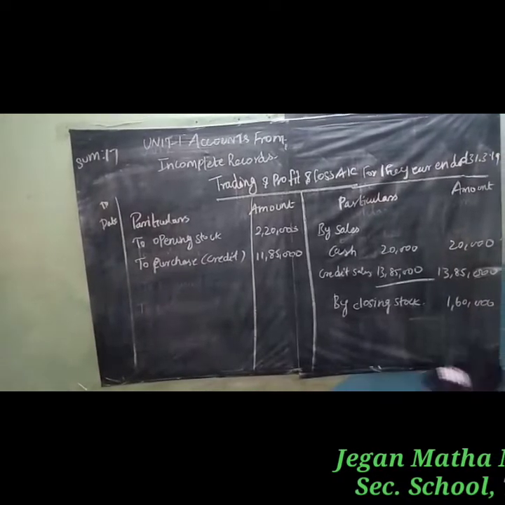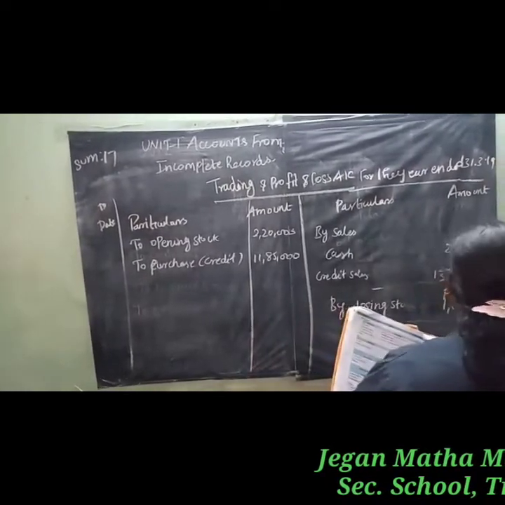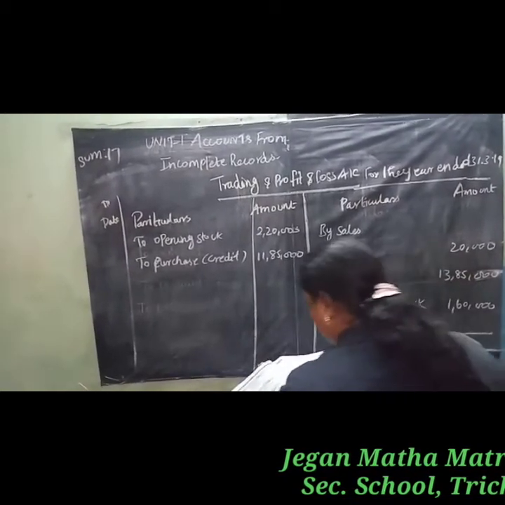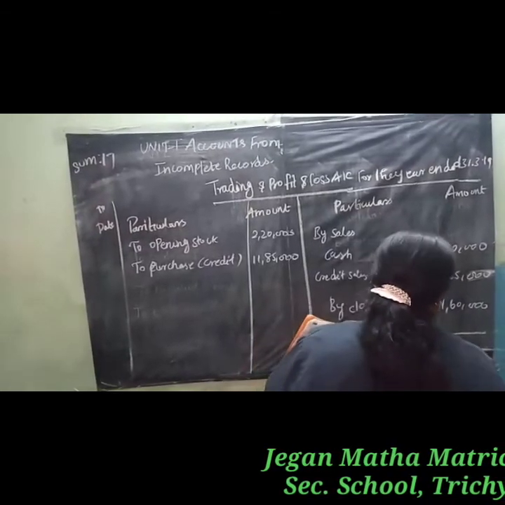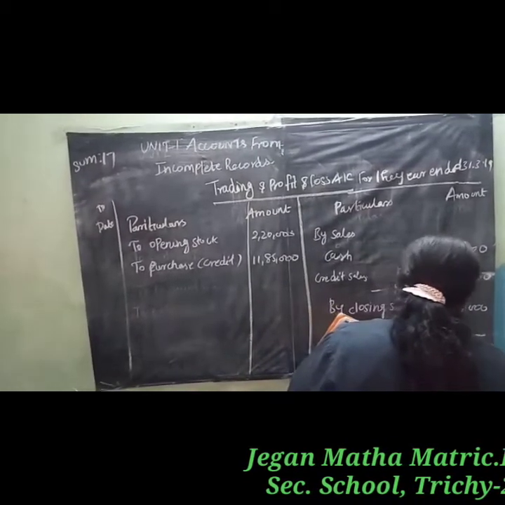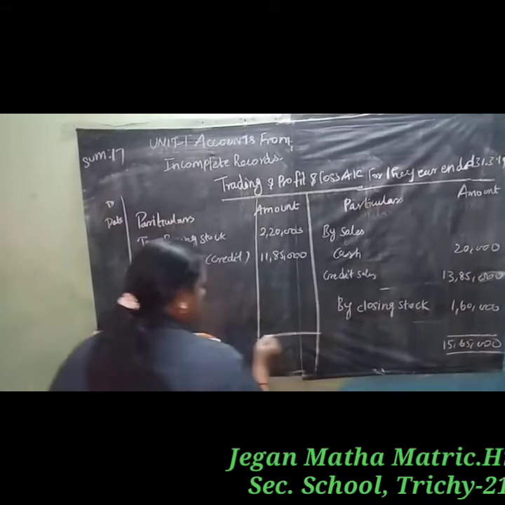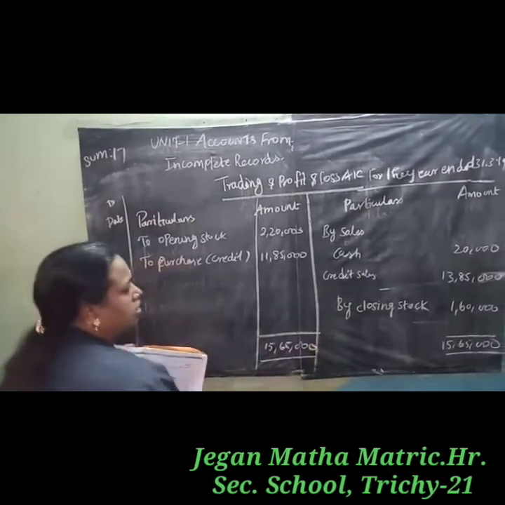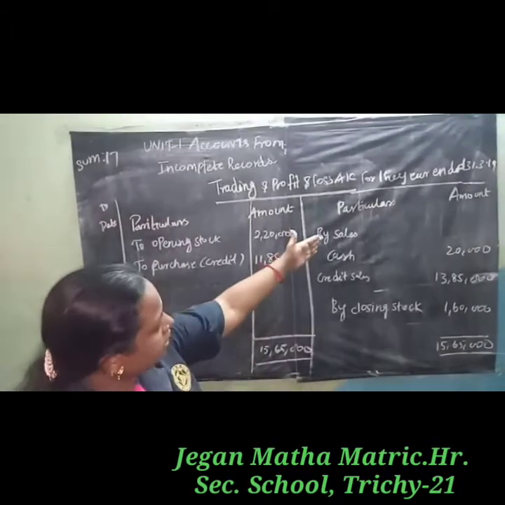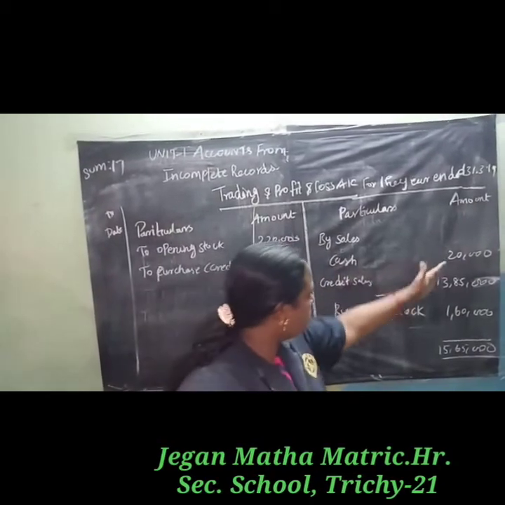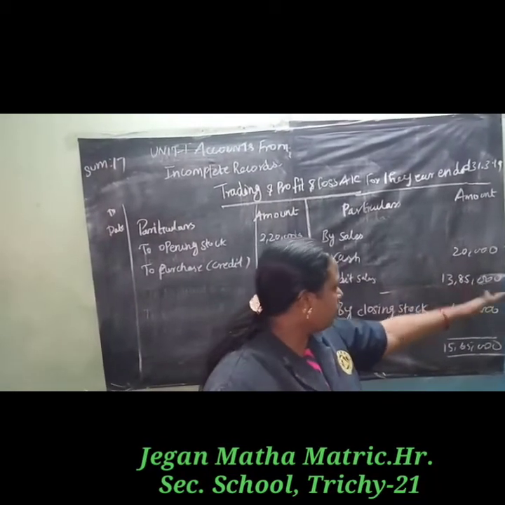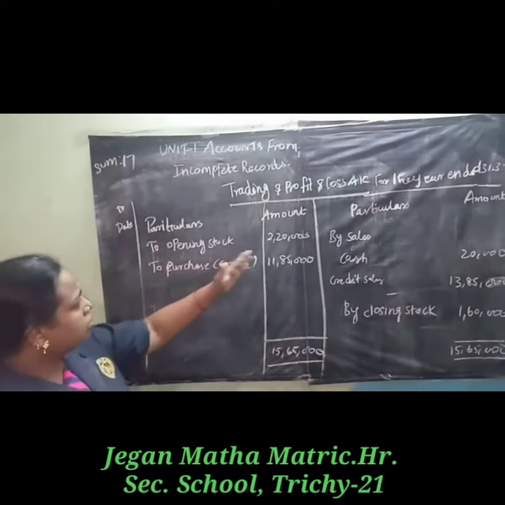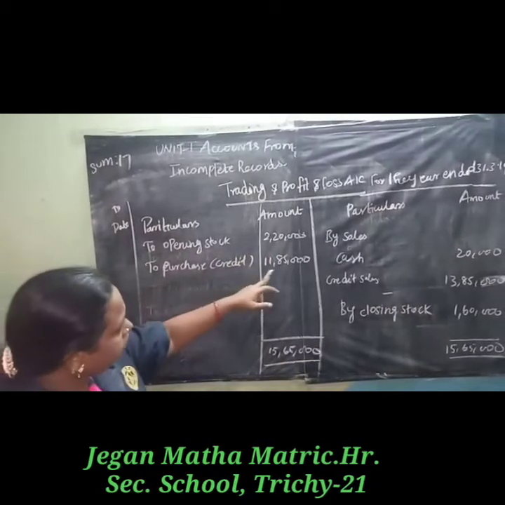So the credit side total is 15,65,000. That is, by sales, cash sales 20,000 plus credit sales 13,85,000, and closing stock 1,60,000. On the debit side: to opening stock 2,20,000, to credit purchase 11,85,000.